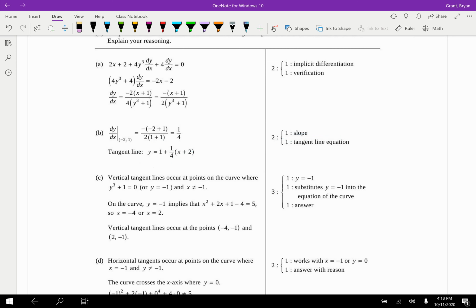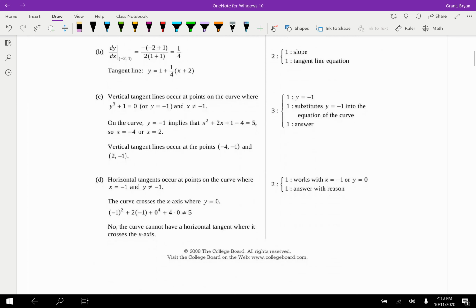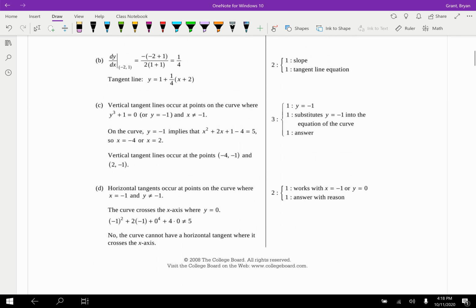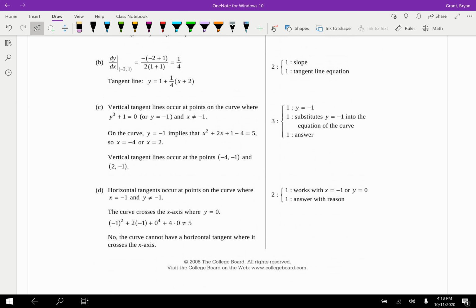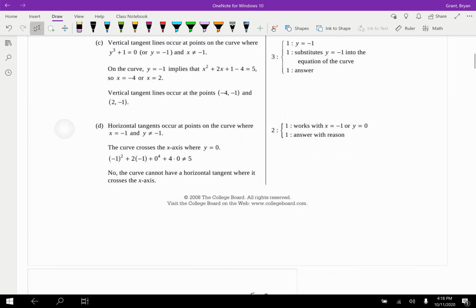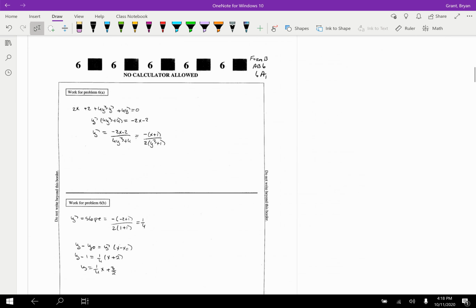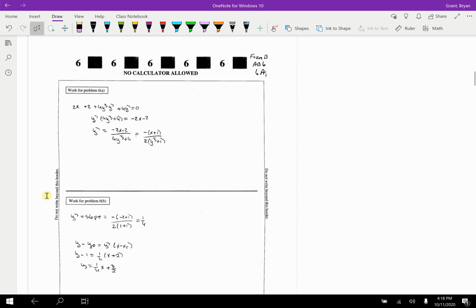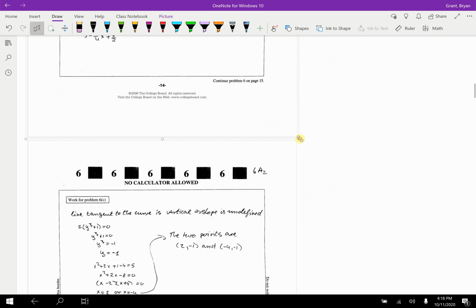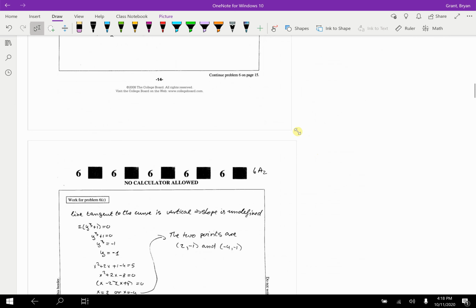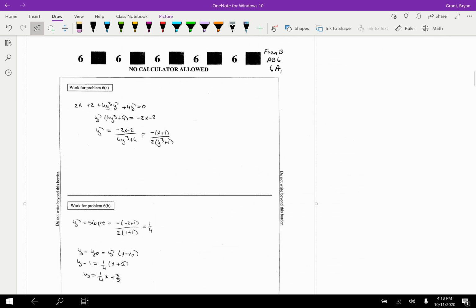Okay, let's see, what are some other good questions that come up here? I think there's probably nothing too much. So let's go ahead and see how well you understand this rubric and how well you can read through other students' responses. So what you have on the next couple pages of your packet are these wonderful student responses.